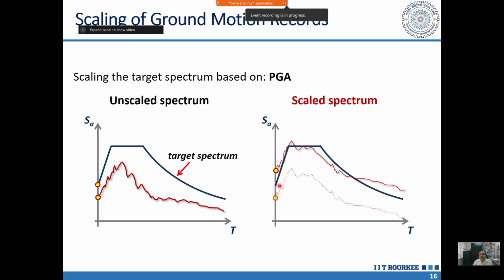Even if I take PGA here, the shape of the two response spectra, the target and what I am getting from the ground motion, are not the same. And even if I scale by any factor, it is not possible to scale the full range of the response spectrum. In that case, which point is more important to us?